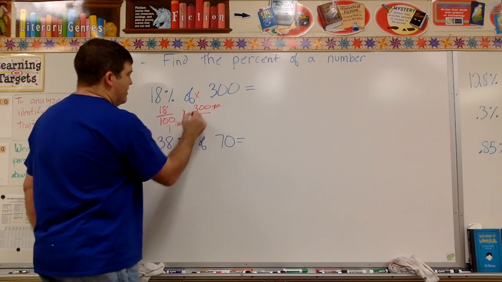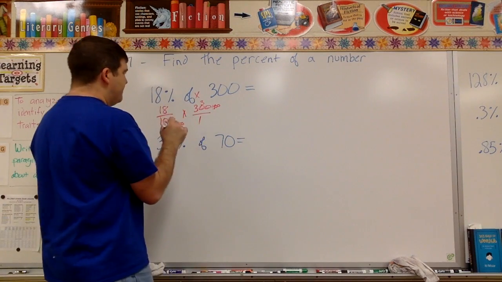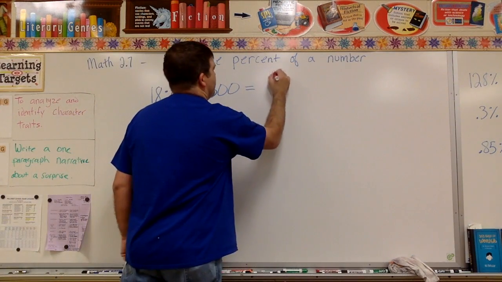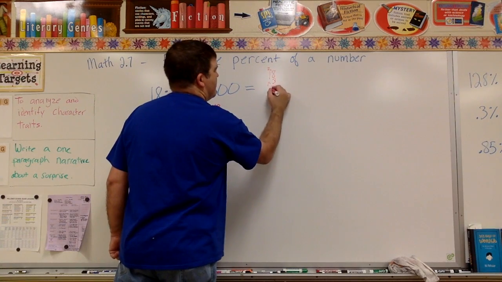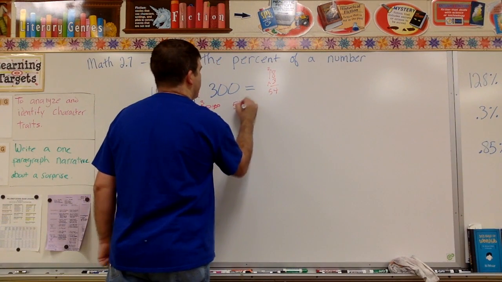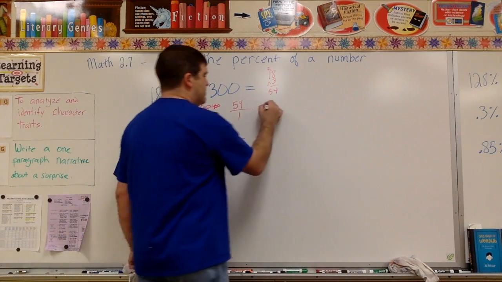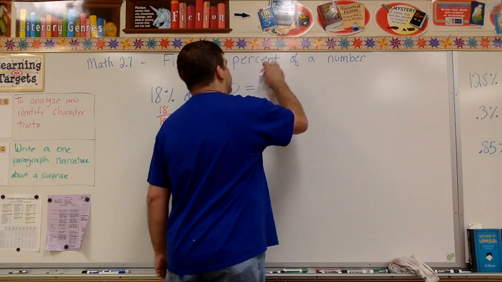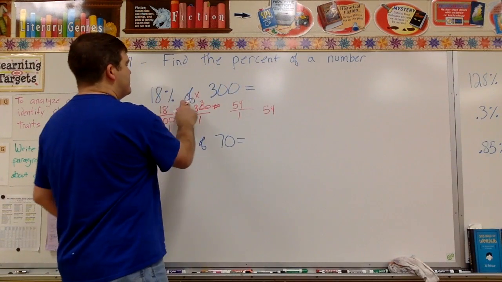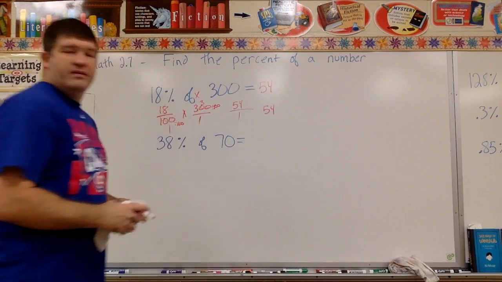This gets me 1. This gets me 3. So 18 times 3 is 54. 1 times 1 is 1. Anything over 1 is just the number 54. So 18% of 300 is 54.